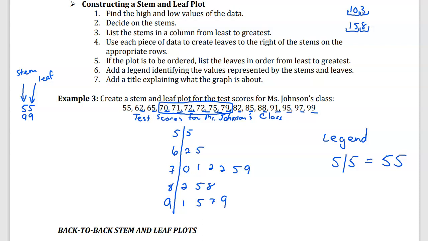Because sometimes we do use decimals, and if I had 4.3, 4.8, then I would have a 4 and a 3 like this, and I would need a legend telling me that that line would mean a decimal place. In this case it does not, so I need a legend that tells me this.